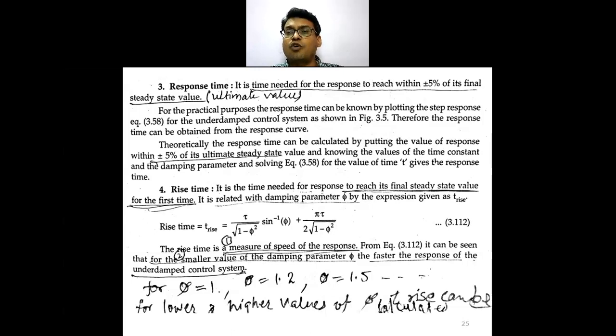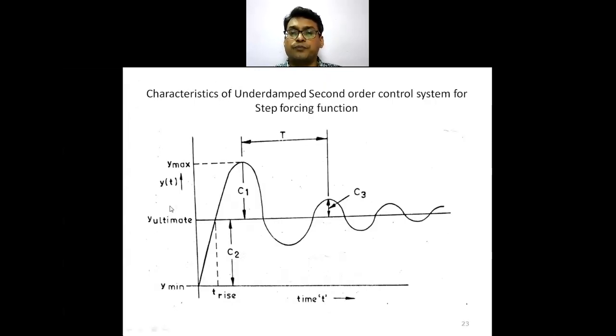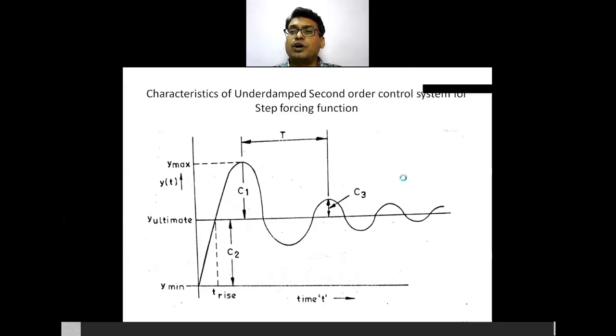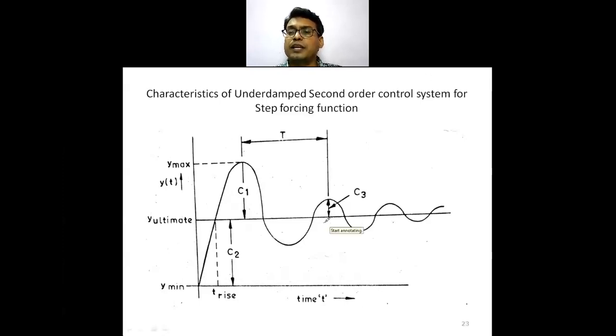The next terminology is the response time. It is the time needed for the response to reach within plus minus 5% of its final steady state value. Final steady state value is nothing but your ultimate value. When the response value reaches around plus minus 5% of this ultimate value, then we can say that it has attained it.